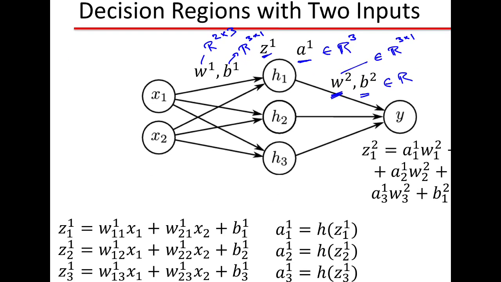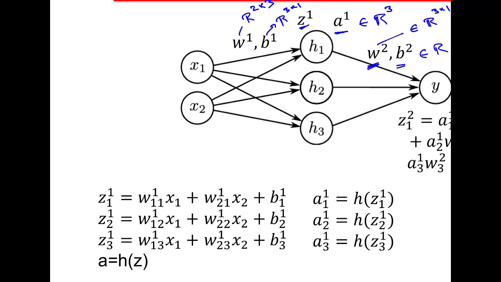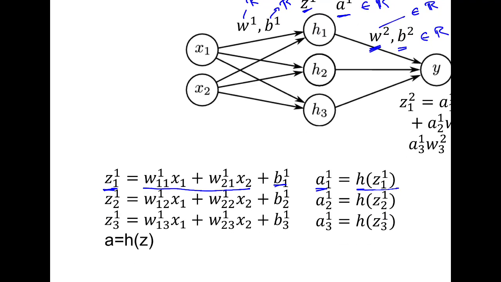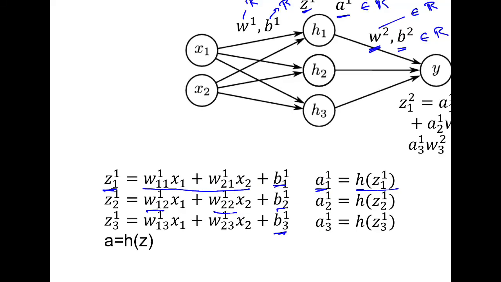Okay. How do we compute? z1 is this term, the weighted sum of x1 and x2 plus a bias term, and a1 becomes the activation function applied to z11. Similarly, z2 is given by these weights plus the bias term. This is the second component of the bias term, and similarly z3 is the third component.